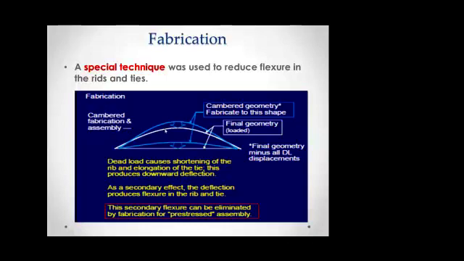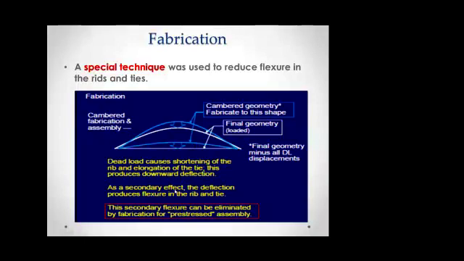So first they camber the geometry of the shape during the fabrication of the steel structure, and when the load is applied, it will come back to the original position, that is the final loaded geometry. The dead load causes a shortening of the rib and elongation of the tie. This produces a downward deflection.